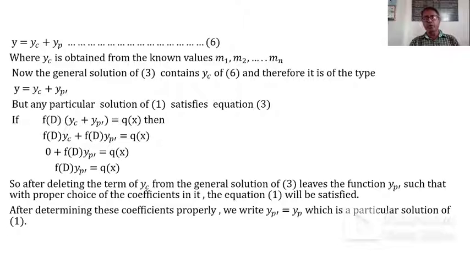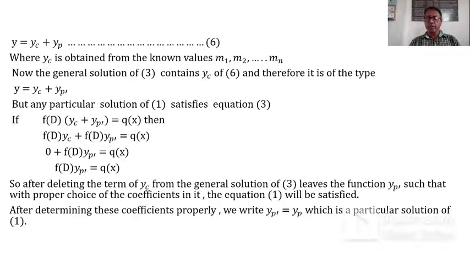I will repeat some important points in this method. This method is based on the assumption that q(x) must be a solution of some homogeneous linear differential equation with constant coefficients.